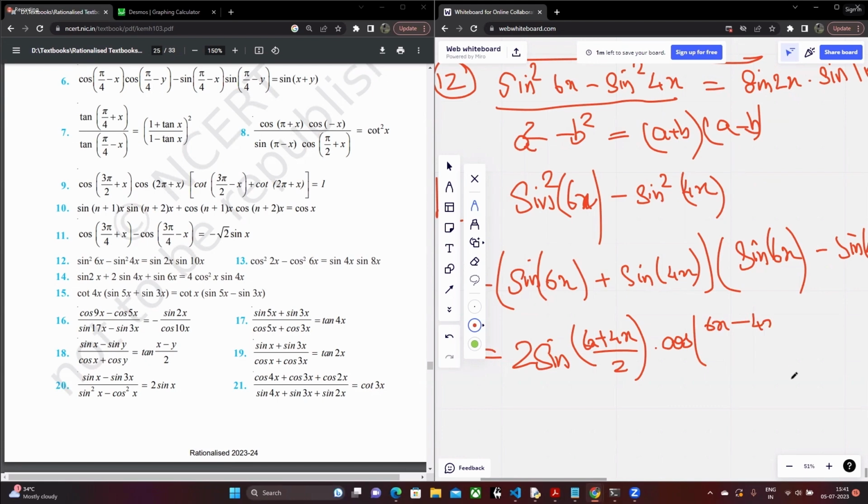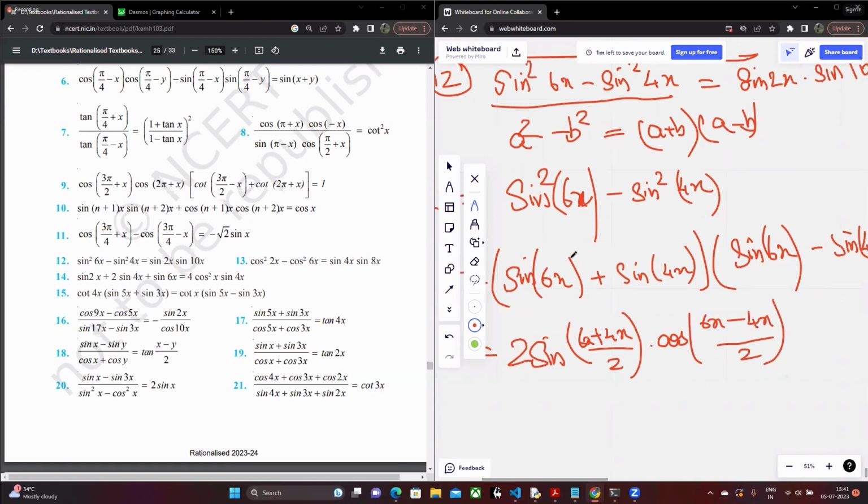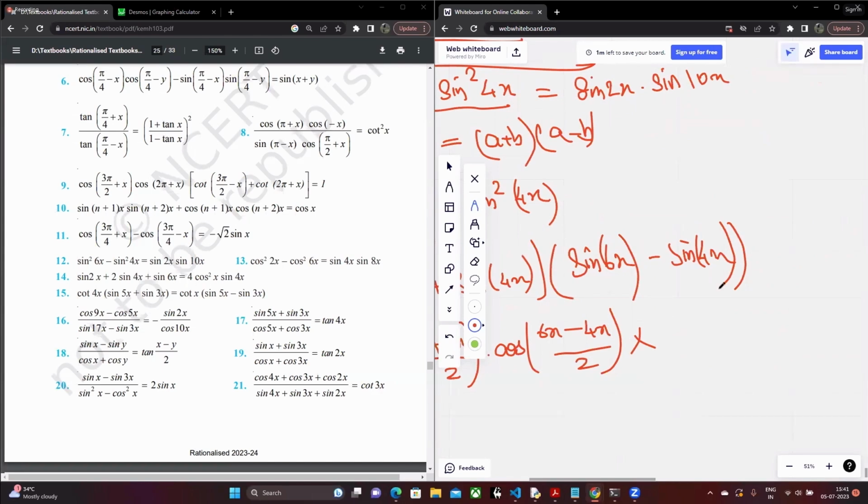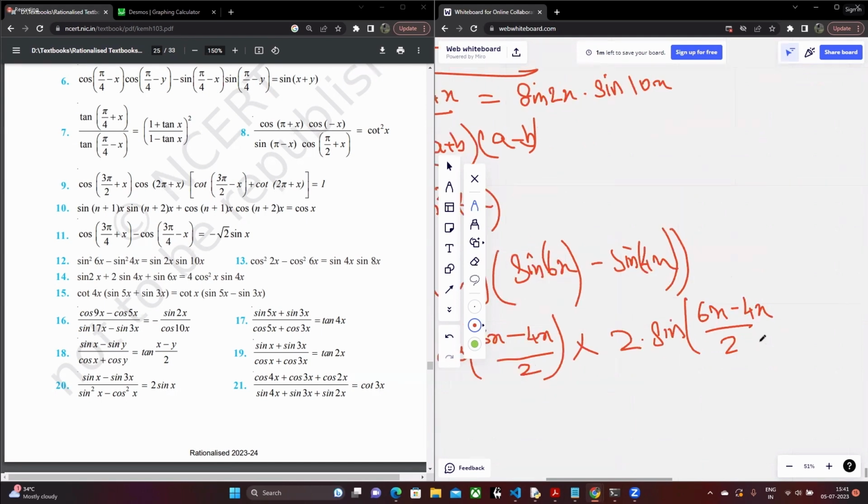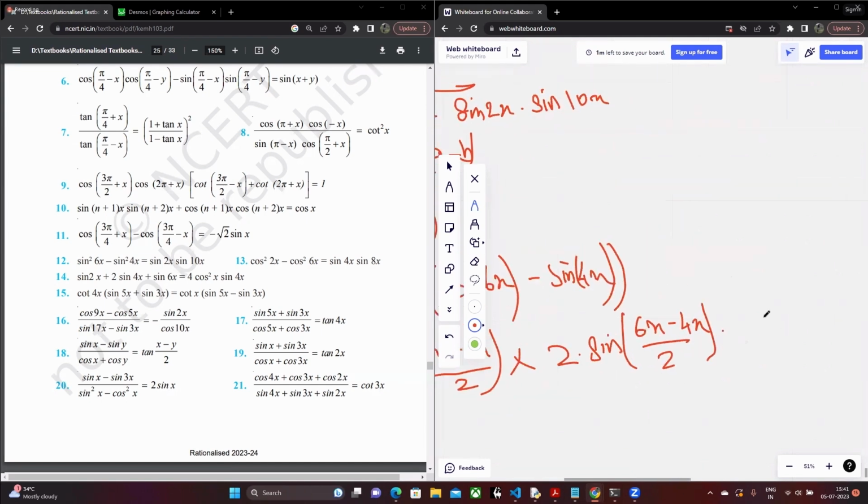Into, this is sine x minus sine y, which is basically 2 times sine of (a minus b) by 2, that is 6x minus 4x divided by 2, into cos of (6x plus 4x) divided by 2.